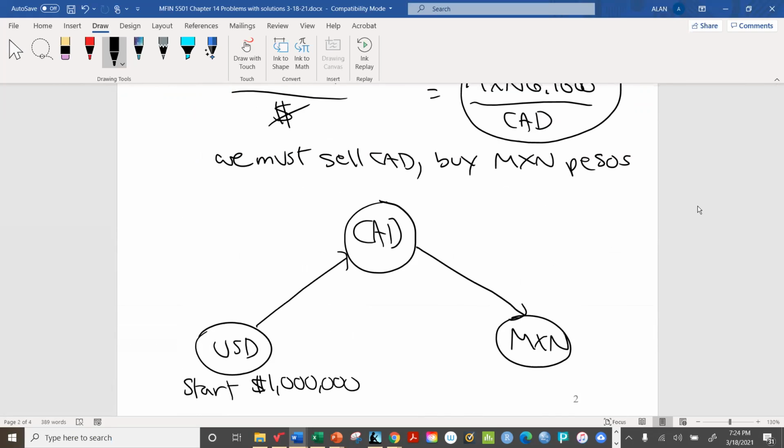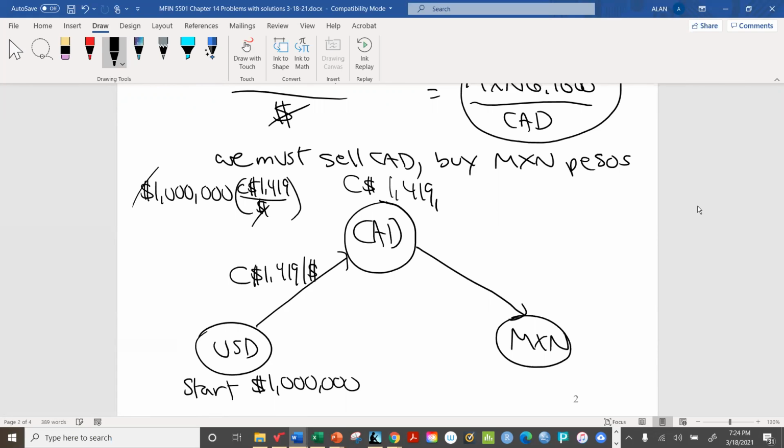So the quote that we were given for Canadian to US is C, 1.419 per US dollar. So this means that we actually have more Canadian dollars than US dollars. So we're going to multiply. So the US dollars drop out, and we end up with 1,419,000 Canadian dollars.